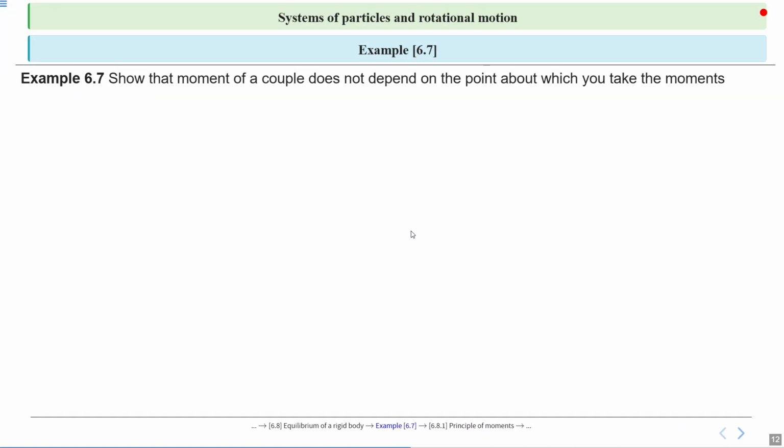Example 6.7. The moment of a couple does not depend on the point about which you take the moment. So think about it, you have some time.